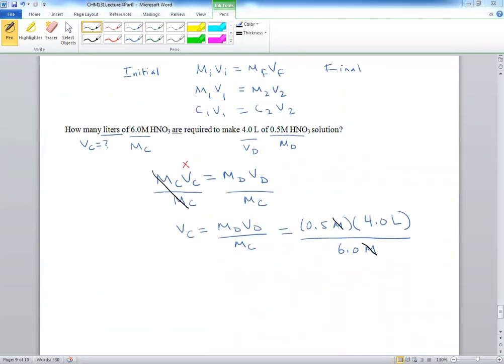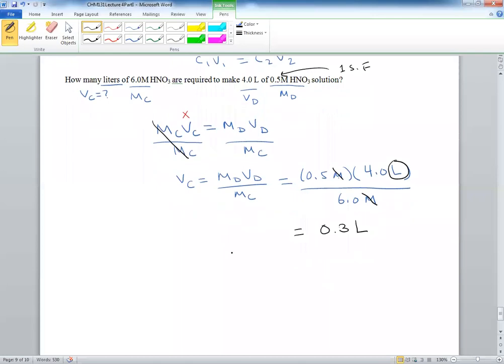In this case, we take the 0.5 times the 4 divided by the 6. So that's 2 over 6, which of course, since we need 1 sig fig, because that one has the least sig figs, we just report this as 0.3 liters. That's what's left. So imagine you just need 300 mL or 0.3 liters to make a 4 liter solution. It just shows you how much more concentrated this solution is, the 6 molar to the 0.5.